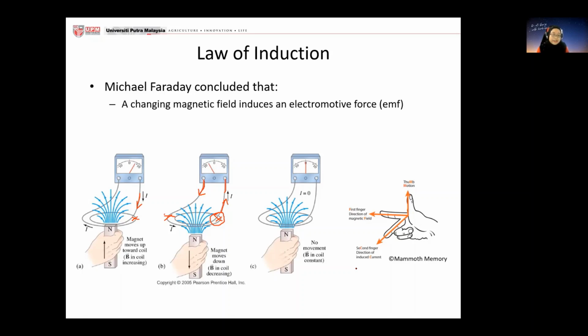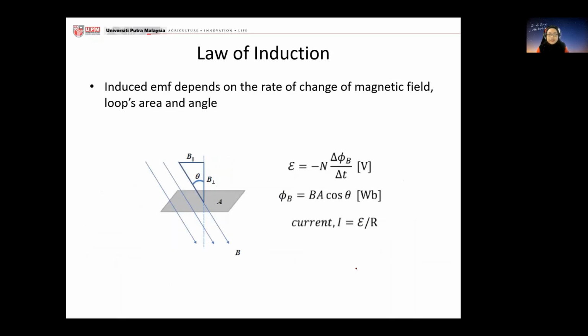Okay, the changing of magnetic field, and the angles and everything. So in the law of induction, the induced EMF depends on the rate of change of magnetic field, the loop's area, and the angle. Okay, so this is just here, but I do not expect you to memorize this or anything. Okay, just good if you can understand.